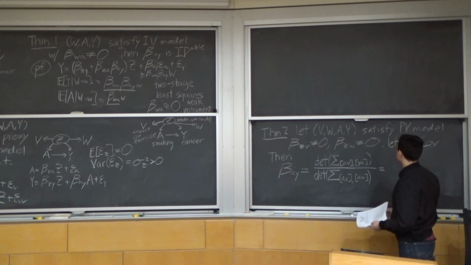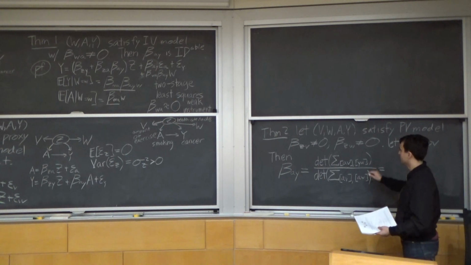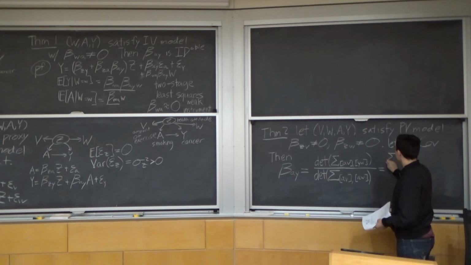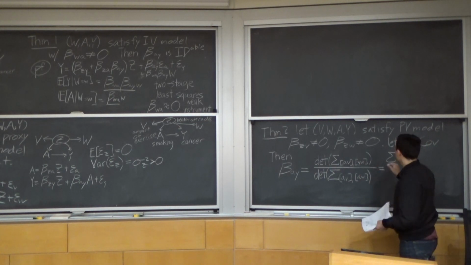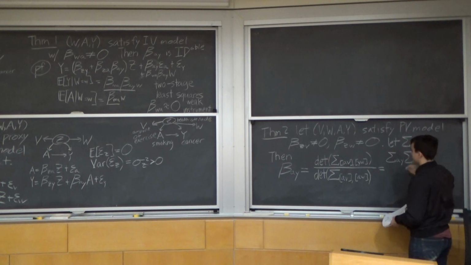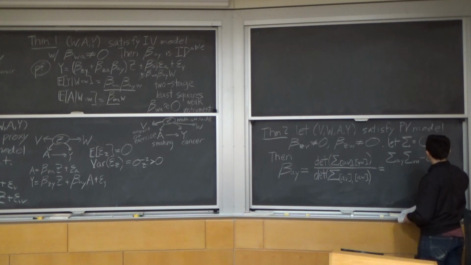And if we want to write this out more explicitly, this is 2x2, so the determinant's easy to compute, right? It's the diagonal entries times each other, so that's sigma_AY sigma_VW, minus sigma_AW sigma_VY.